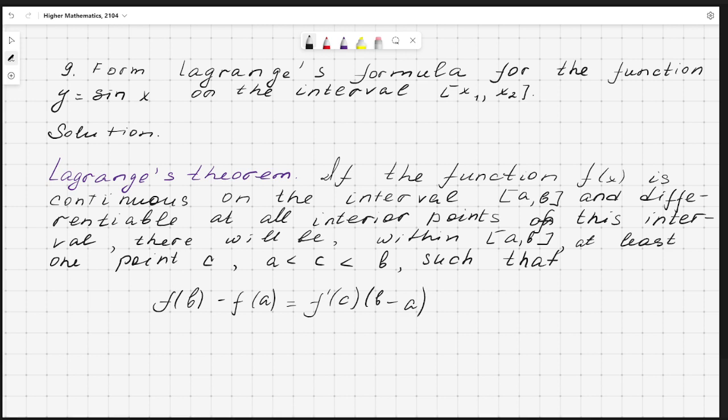It is Lagrange's theorem. In our example, we must form Lagrange's formula. It means this formula for the function y is sine of x on the interval from x first to x2.